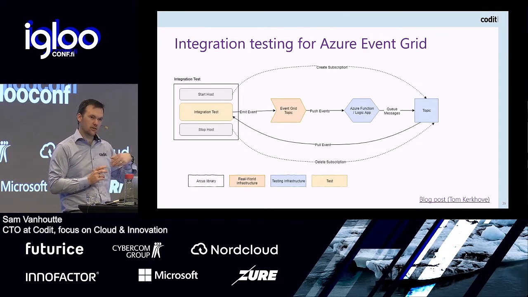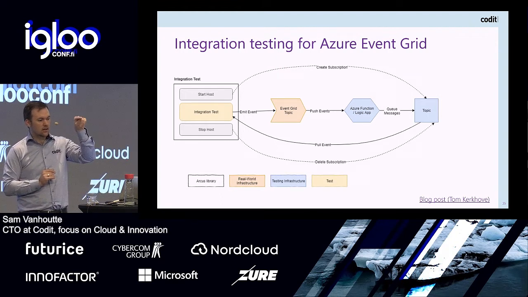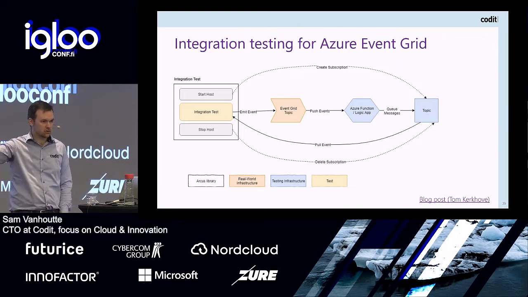So behind the scenes, and you can just deploy a template for that, from that topic we have a subscriber that is a function, and that puts it on a queue, a service bus queue, and your test will create a subscription. So at the start of the test, it will automatically create a subscription on the topic.